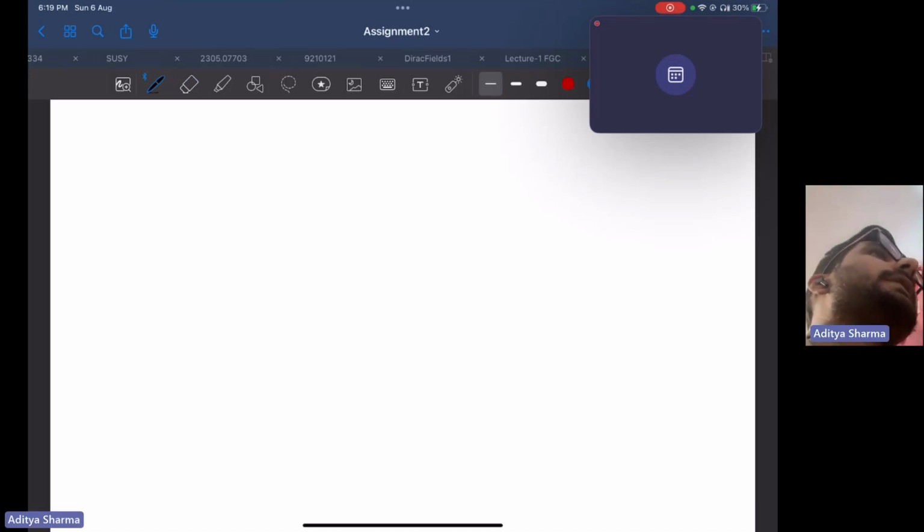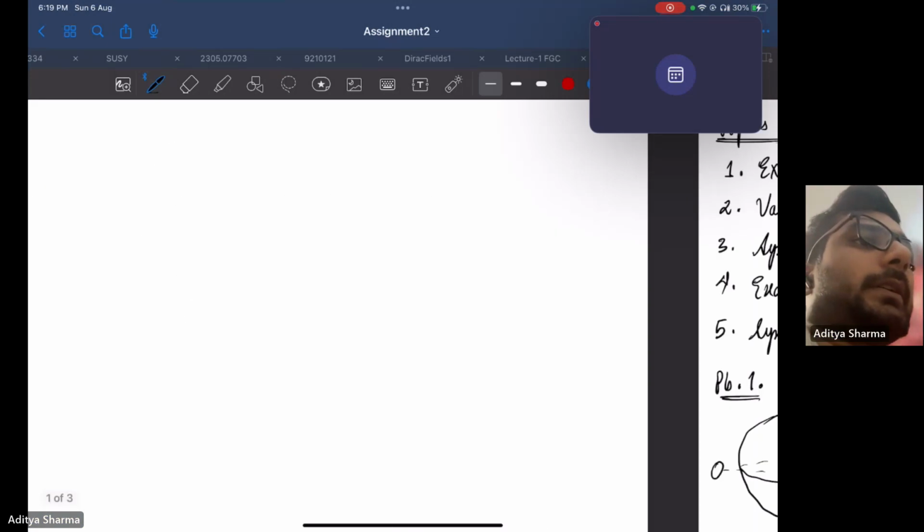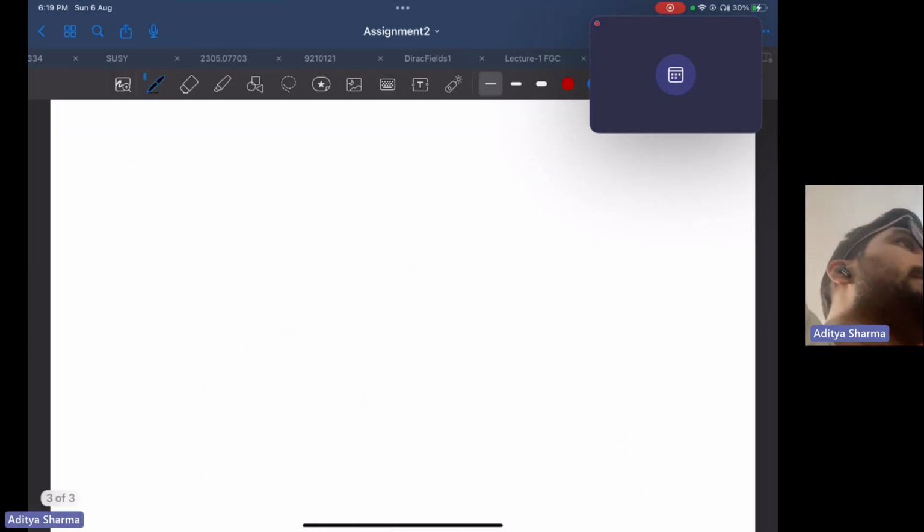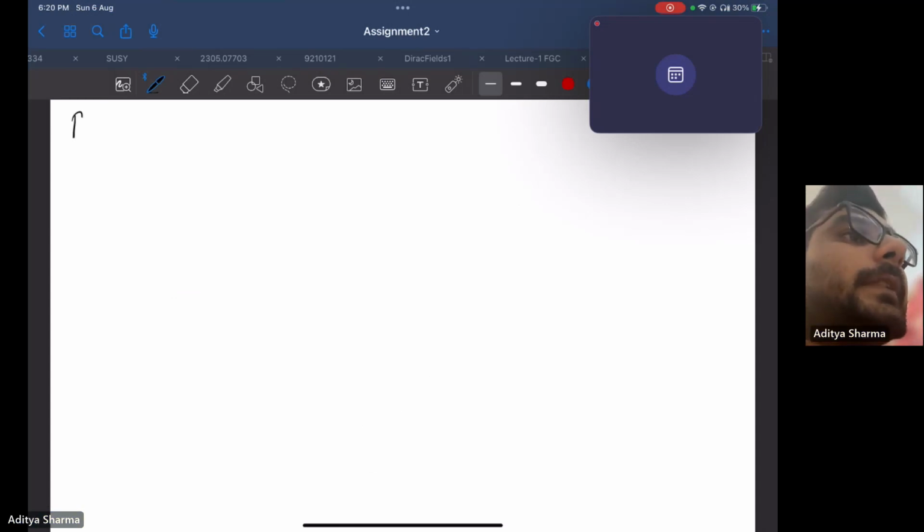Now, this is how you have to use constraints while solving problems. Now what we are going to do is solve a problem in variational principles, and the problem is number 13 in the instructor's book.